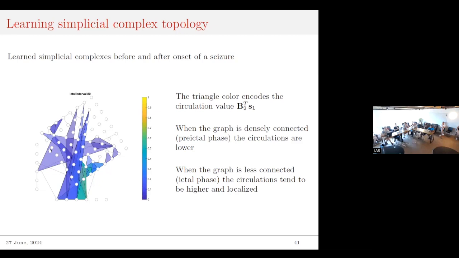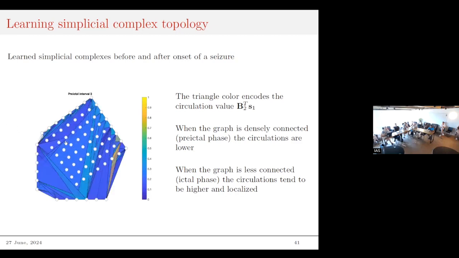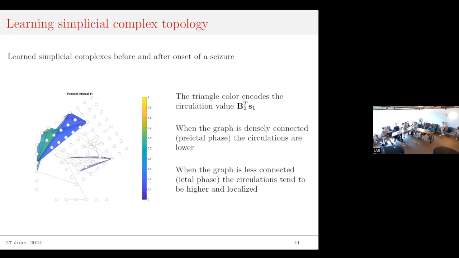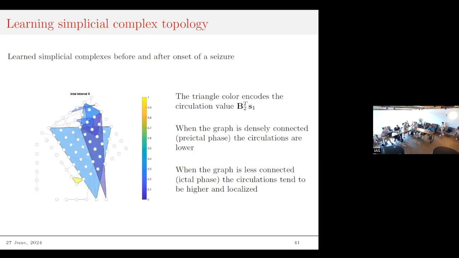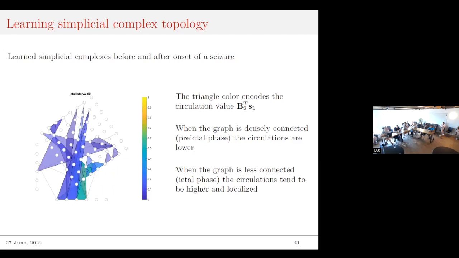Yes, maybe. We can see that here in the ictal phase, there are some triangles with high circulation in this region here. There are a small number of triangles, but they have a high circulation of information. One other question, if you can identify with normal methods what's the source of the seizure? Because then if this idea is correct, this area would be the closest to the onset of the seizure.